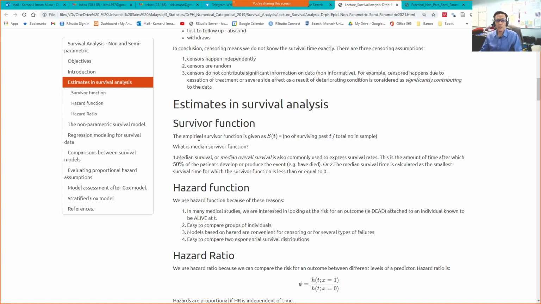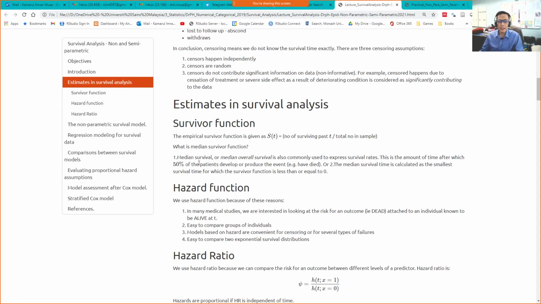Okay, so the survival function is given as S(t), the number of subjects surviving past time t per total number in the sample. And usually one of the parameters for the survival function is the median survival.